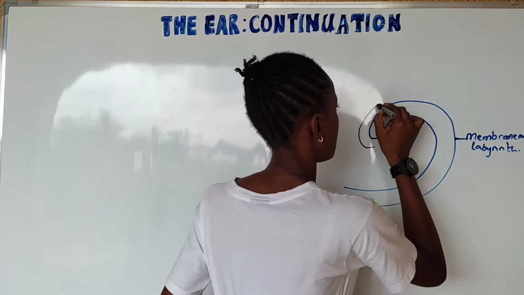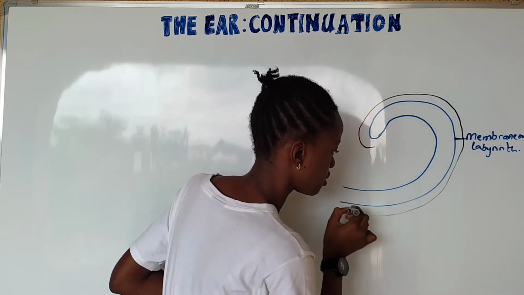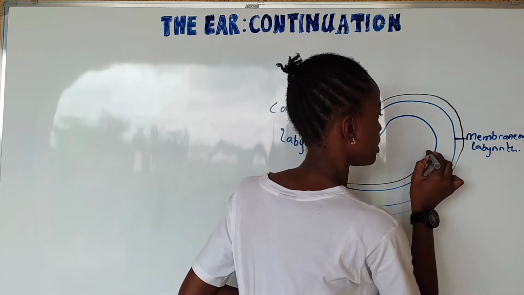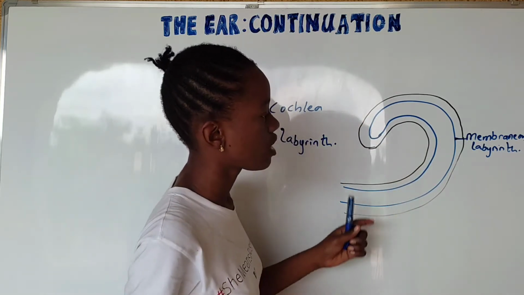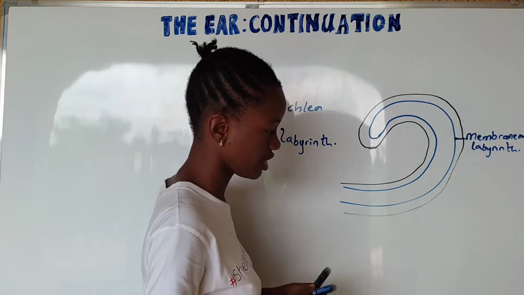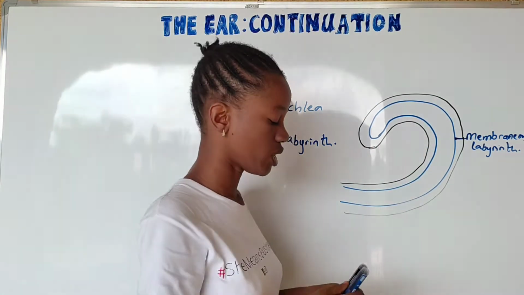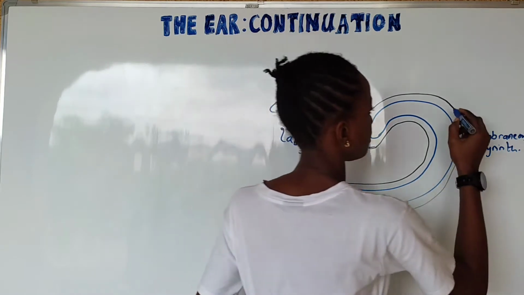We have another labyrinth that encloses this membranous labyrinth, and that is what I'm drawing now. This is the outer labyrinth that encloses the membranous labyrinth, and it is bony. So we are going to call it the bony labyrinth.